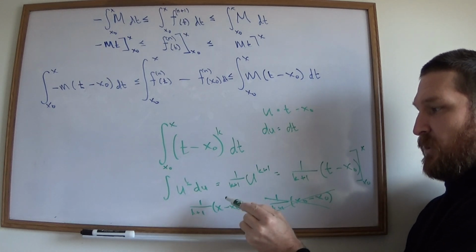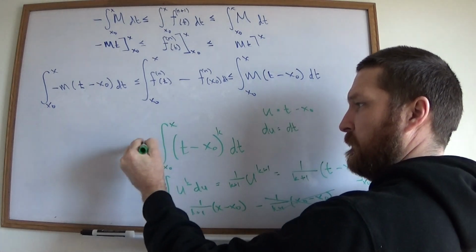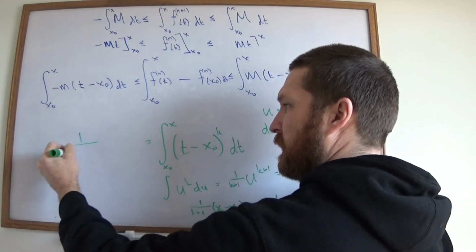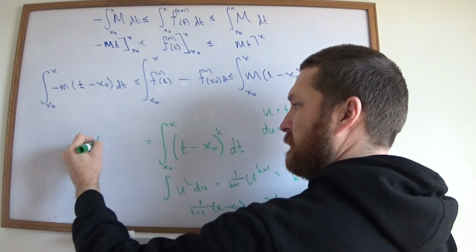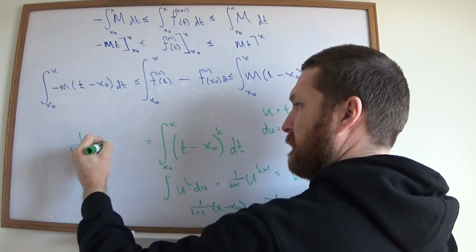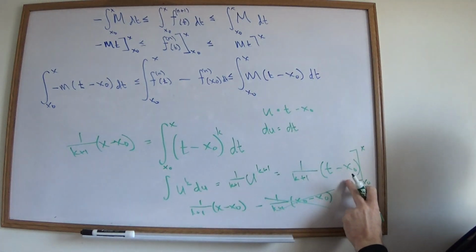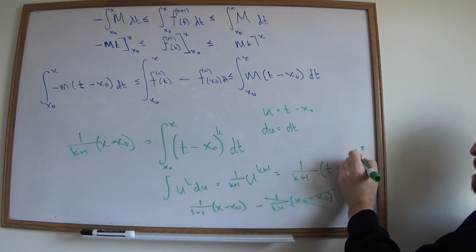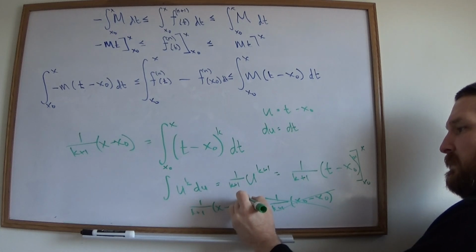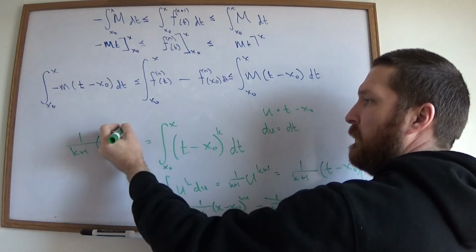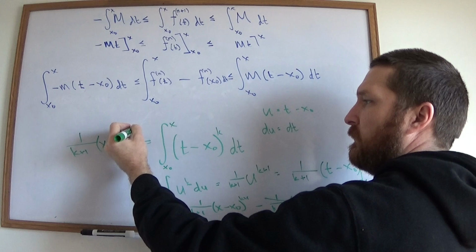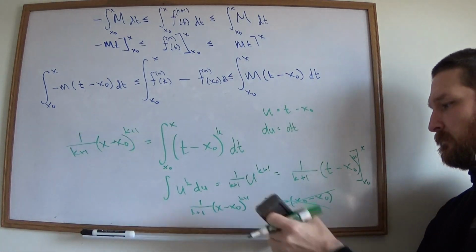So this just works out to be 1 over k plus 1 times (x minus x0) to the, oops, I didn't write it up there. I didn't write the k plus 1. Sorry about that. k plus 1 on the top, like that.